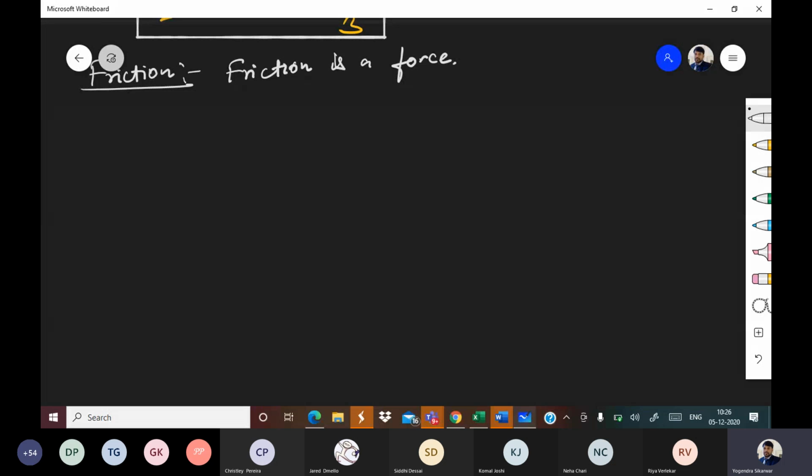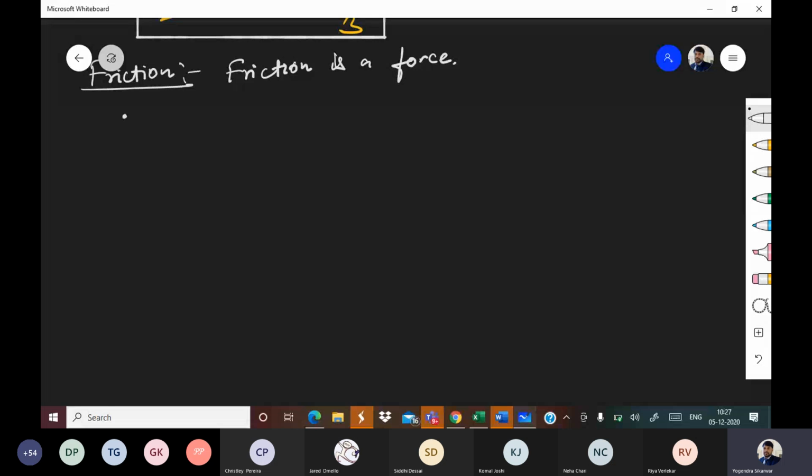Now what is special about friction? It is a force which acts between two objects or surfaces, and it tries to stop the relative motion occurring between them. So friction is a force. This is point number one.